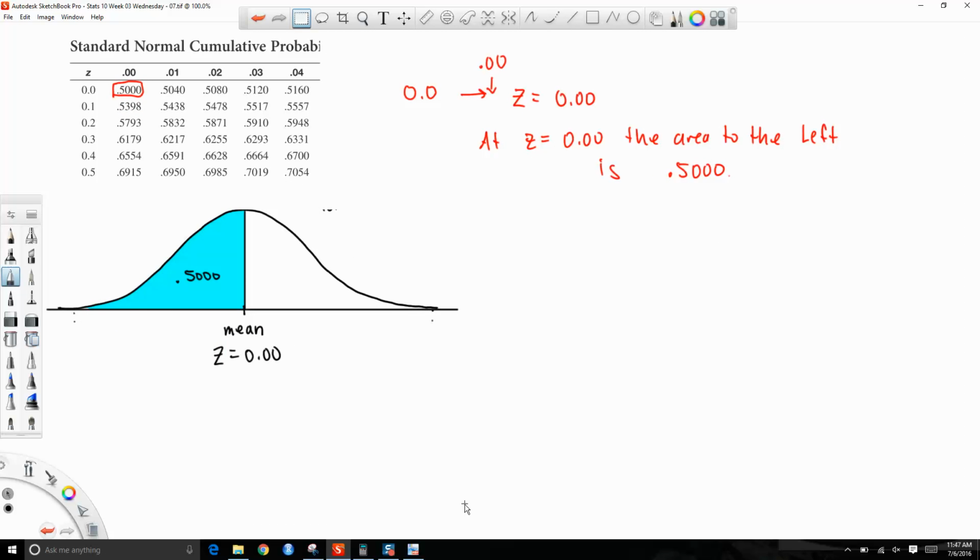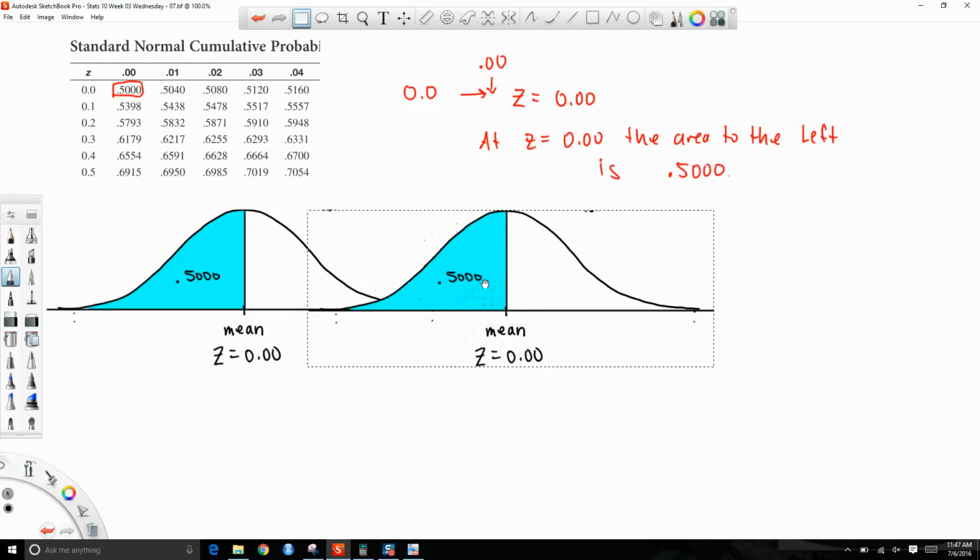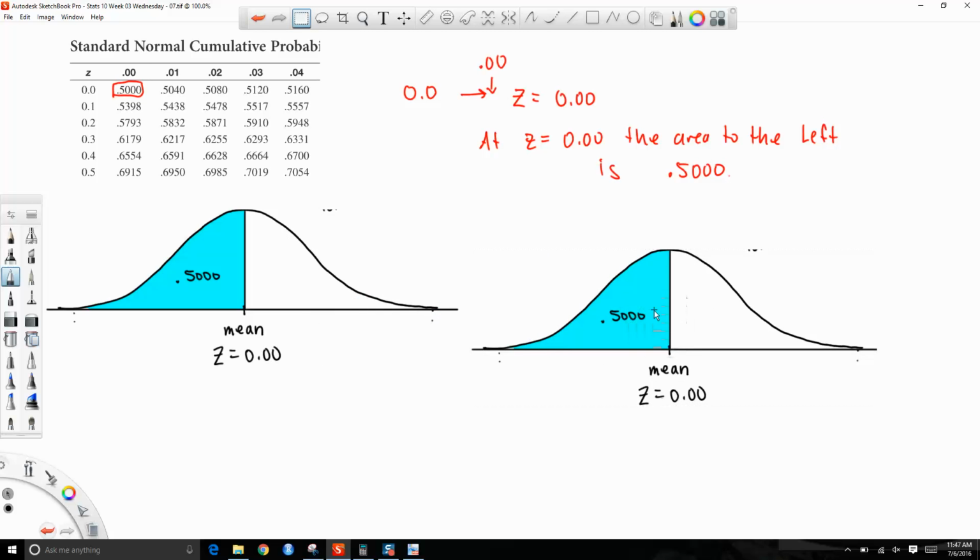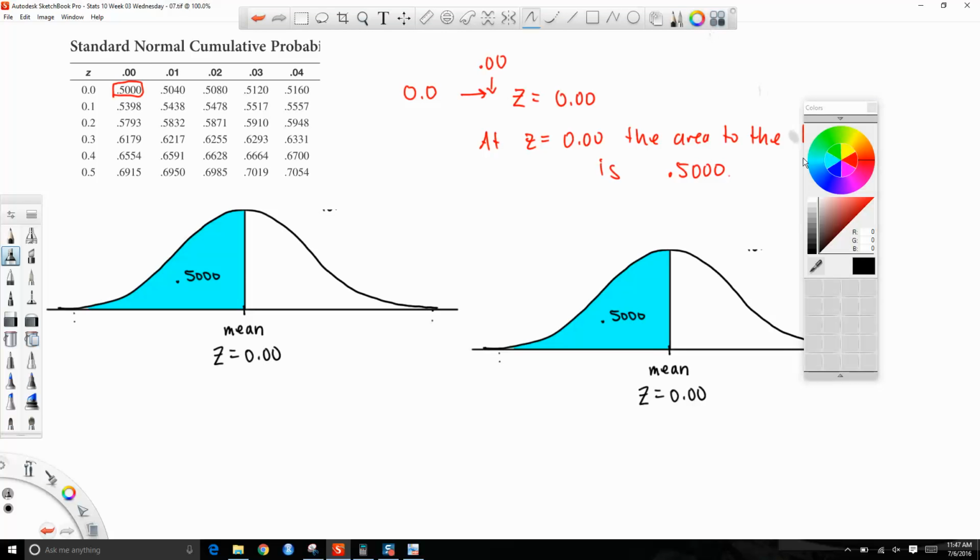Is that okay? So what if I take this picture and move the line just a tiny bit over?